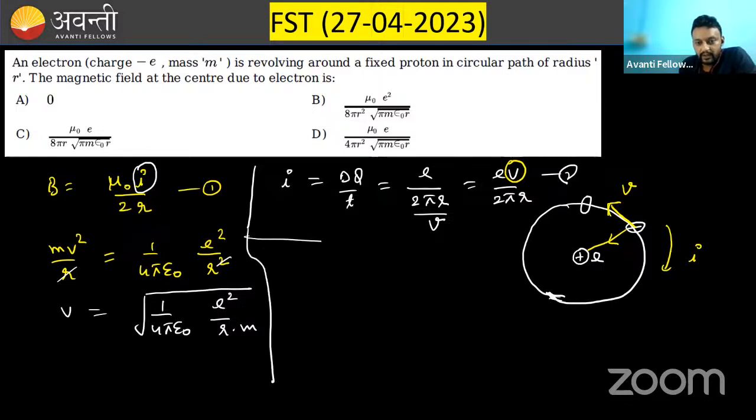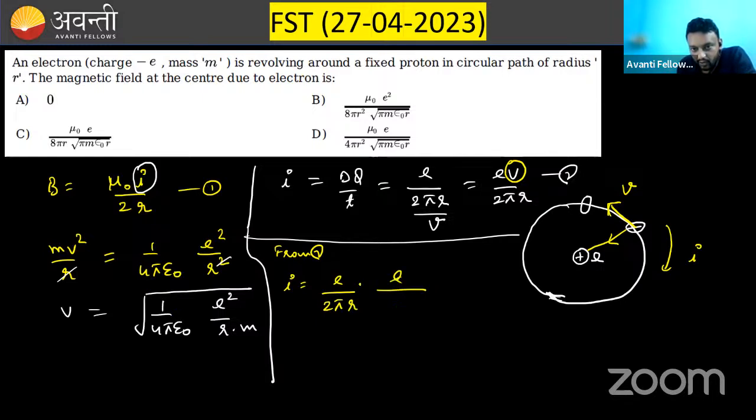It looks dangerous, but it's not. From 2, I = e/2πr times v, which gives the expression for I.